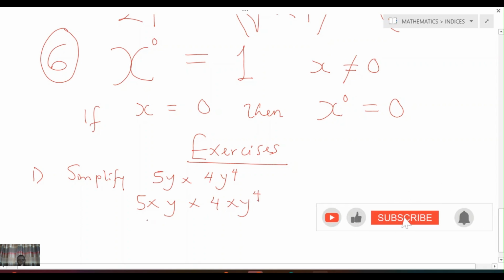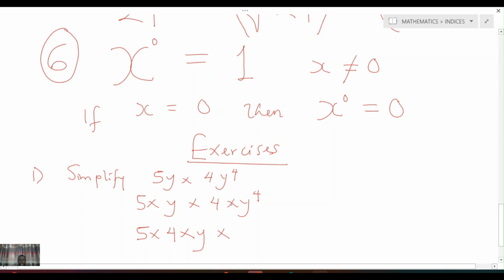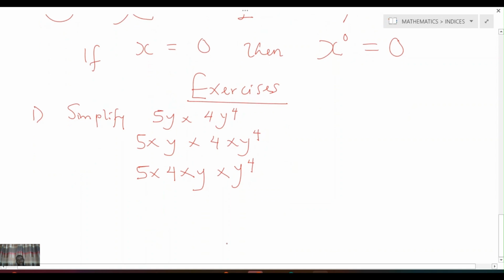Let's put the like terms close to each other. Let's bring this 4 here. This can be written as 5 times 4, times this y times this y raised to power 4. Right? And we know that this is equal to 20 times y raised to power 4.